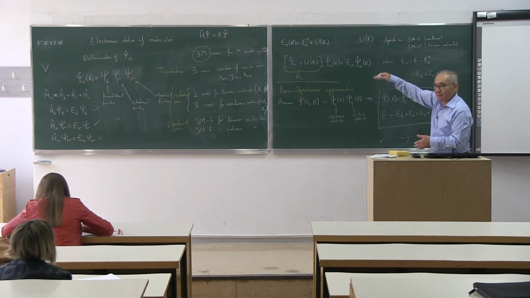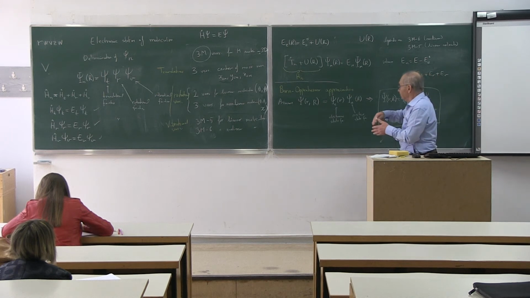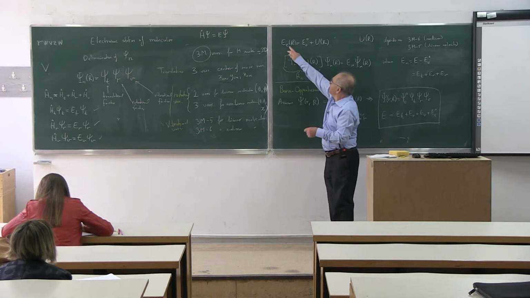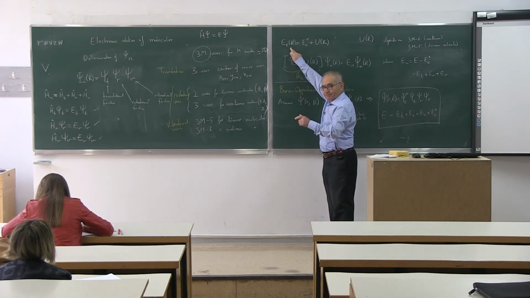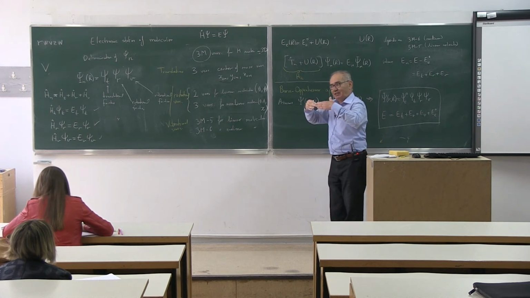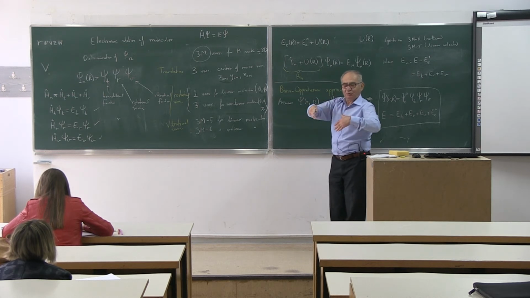This procedure, this approximation, is telling us that we may proceed step by step. In the first step, we determine the electronic state function together with the electronic energy as a function of the molecular geometry. We must proceed stepwise. First you do this, then do other things.